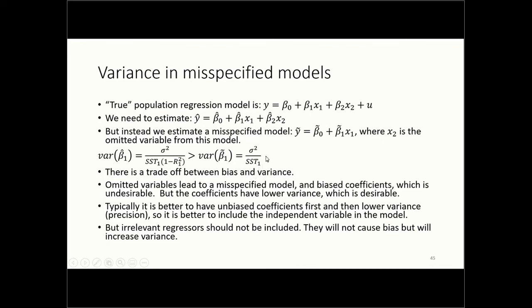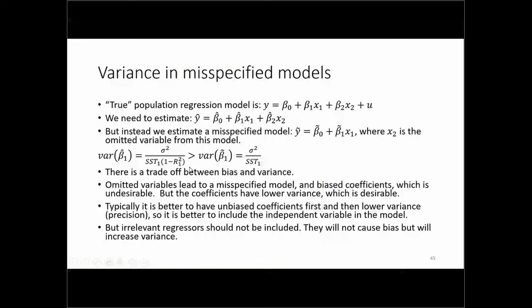That's the formula coming from the simple regression. If we think about the variance when we have another independent variable, that is almost the same expression, but we're multiplying it by 1 minus R1 squared. That's the R squared coming from the regression of the first independent variable on the second one.